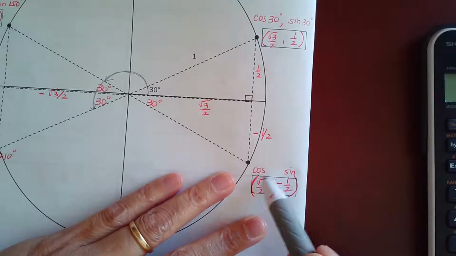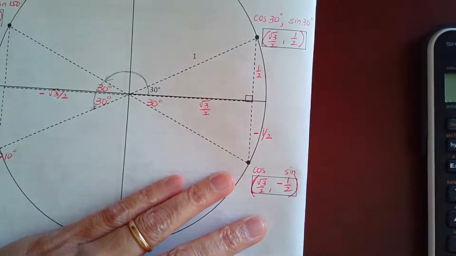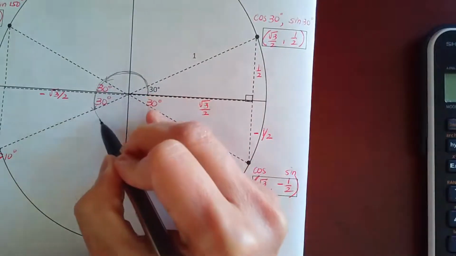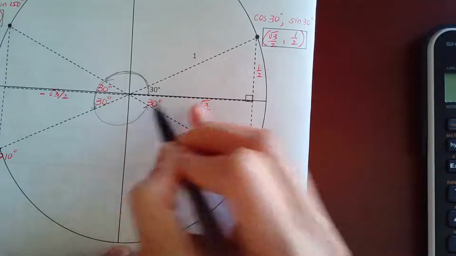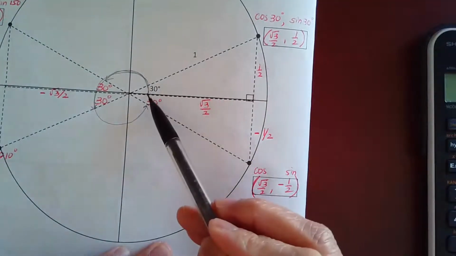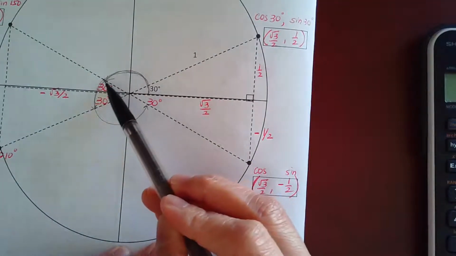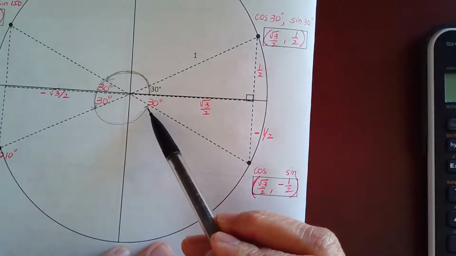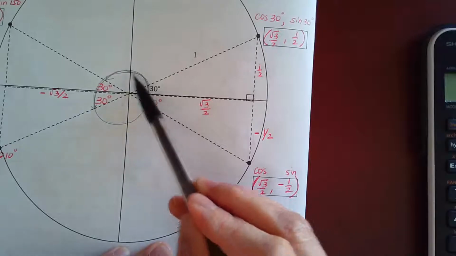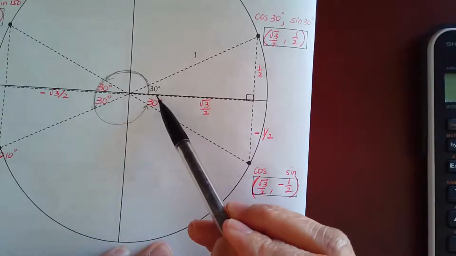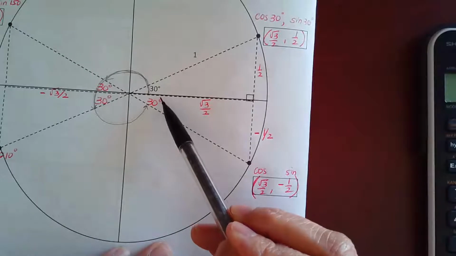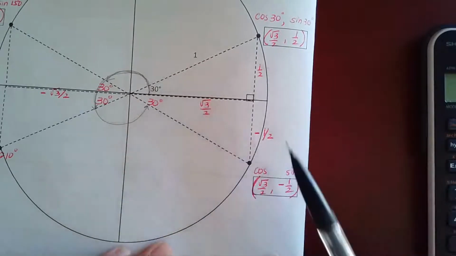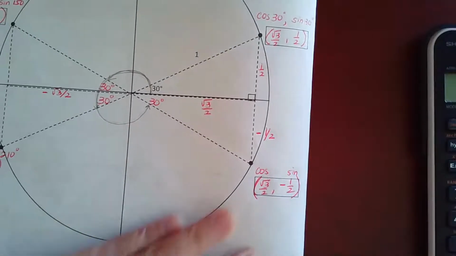So what angle is this? If we go all the way around, that's going to be 360, but we didn't go all the way around. There's 30 degrees back that we had to go. So it's going to be 330 degrees.